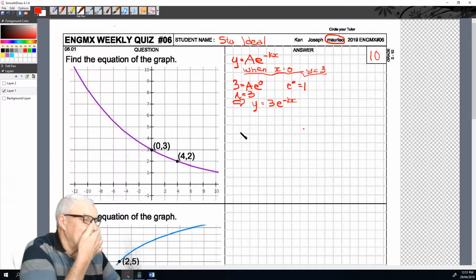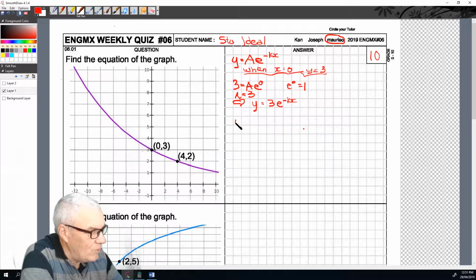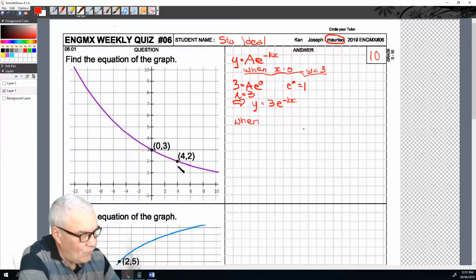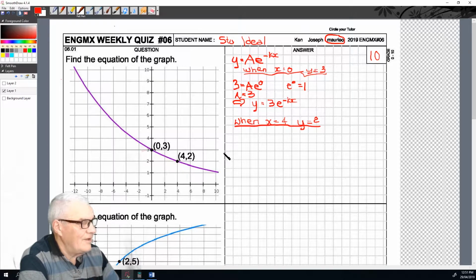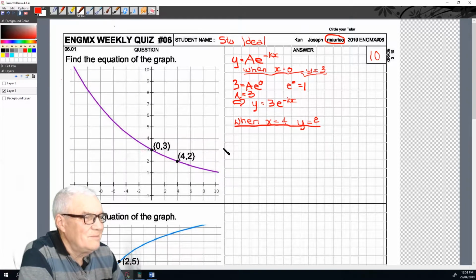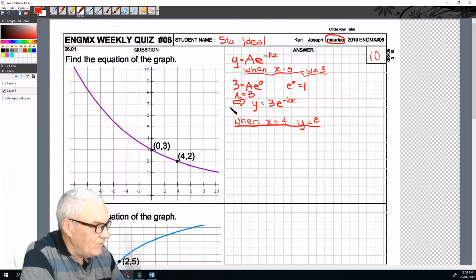All right, so now let's move on from there and have a look at when x equals 4, which is here. When x equals 4, y equals 2. Okay, so now we can fill that into there.